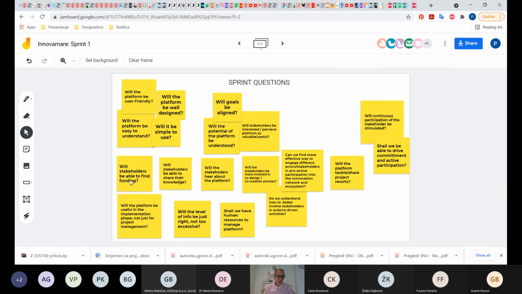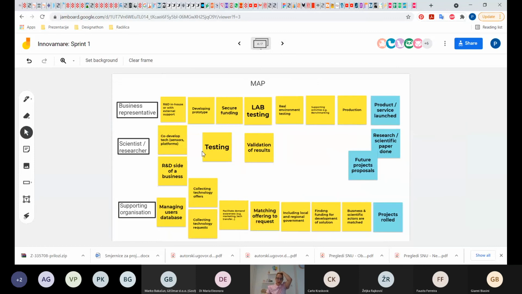So also we mentioned we'll be able to ensure finding funding, sharing knowledge, hearing about the platform, being more involved in the co-design and co-creation process, and sharing project results, which will be useful throughout the project, not just in project management, but also through implementation, the level of info and who will manage this info from the human resources part. That's basically, shortly, that, and the map that we provided so far.